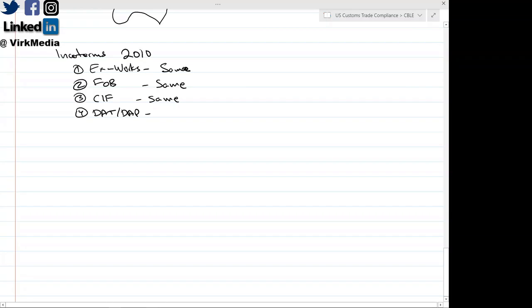The fourth one, this is actually two Incoterms that pretty much mean the same thing. DAT or DAP. In this case, the buyer is only responsible for importation duties and taxes, and everything before that is the seller's responsibility. So the seller is responsible from origin all the way to the US port, and then from there the buyer is responsible for import duties and taxes.